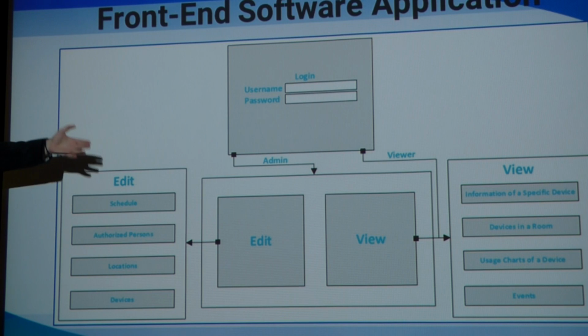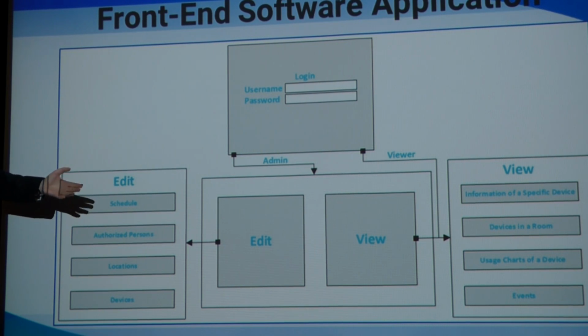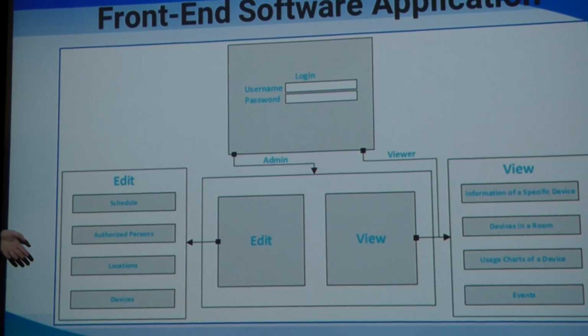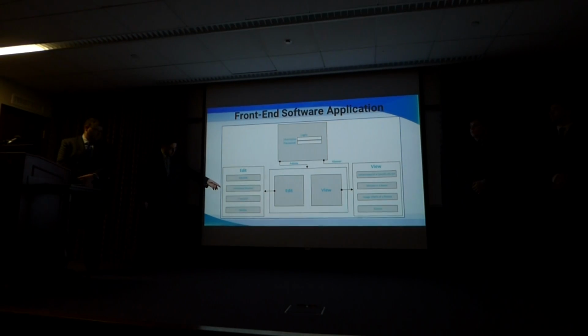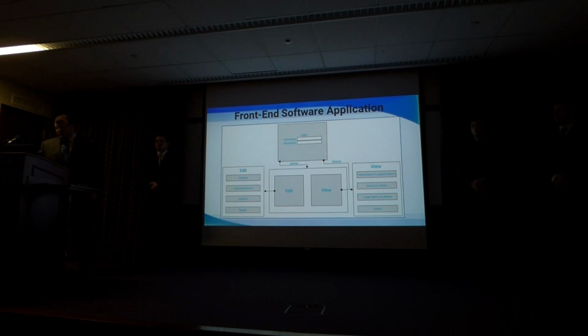If the person is an administrator, they'll be given the option to either edit or view. Should they choose to edit, they will be given a series of prompts where they can edit schedules, authorized persons, and the like. If the administrator should choose to view, or if the person is initially considered to be a viewer, they will be given a series of prompts that they can view, such as information on a specific device or usage charts of a specific device.